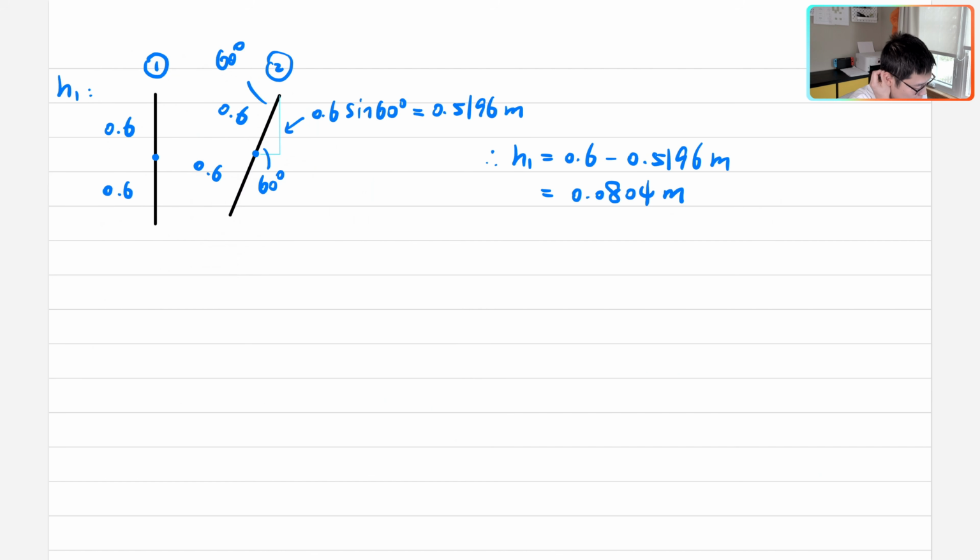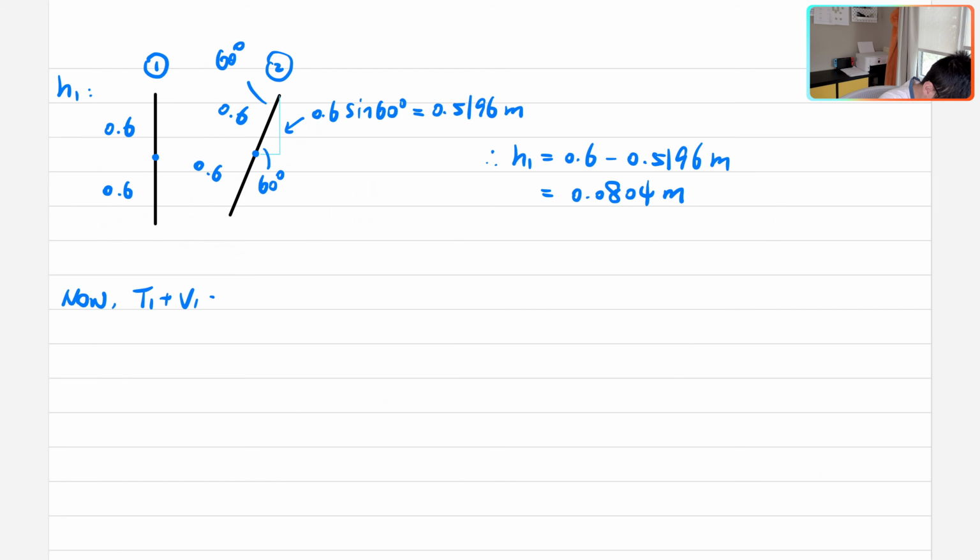Okay, the difference between 0.6 and 0.6 sine 60. All right, we got everything. H1, H2, V2, omega. And what do we want? We wanted omega, right? We wanted the angular velocity of the slender bar.